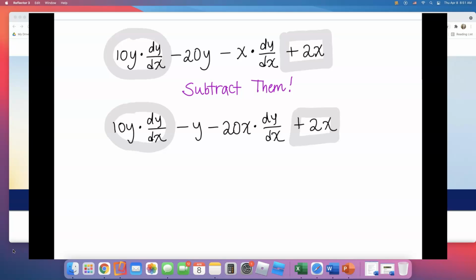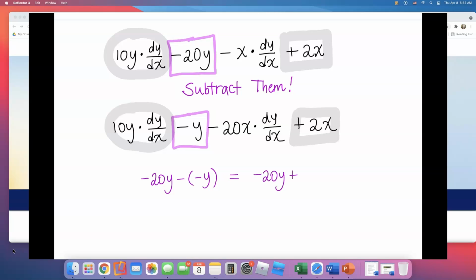I can combine negative 20y minus negative y. Let me write down what I just said. That turns into negative 20y plus y. And what's that? That is negative 19y.